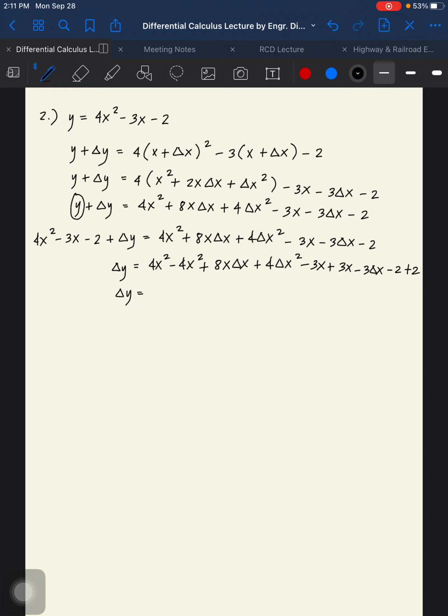Then you have delta y equals, this cancels out, 8x delta x plus 4 delta x squared, cancels out, minus 3 delta x, cancel out. Okay, then again if you observe, all terms at the right side have delta x.